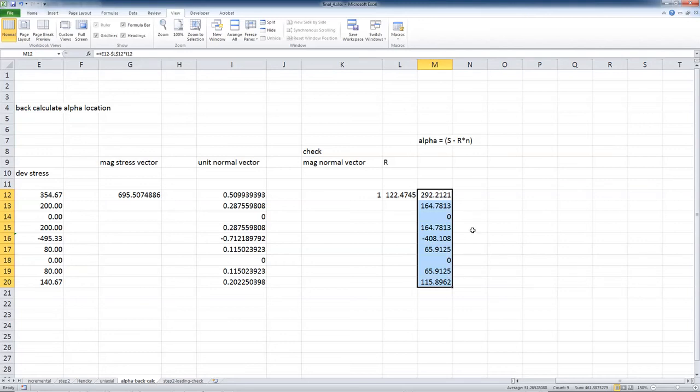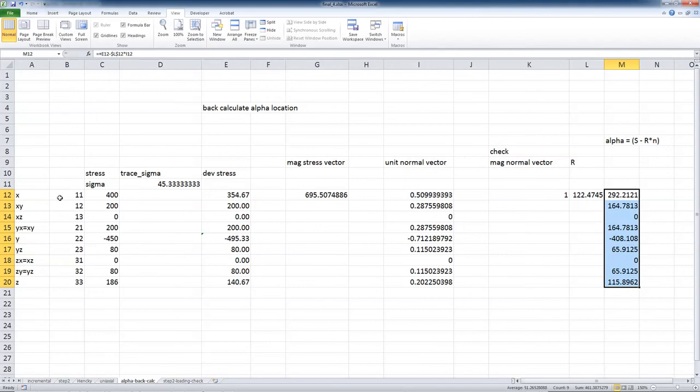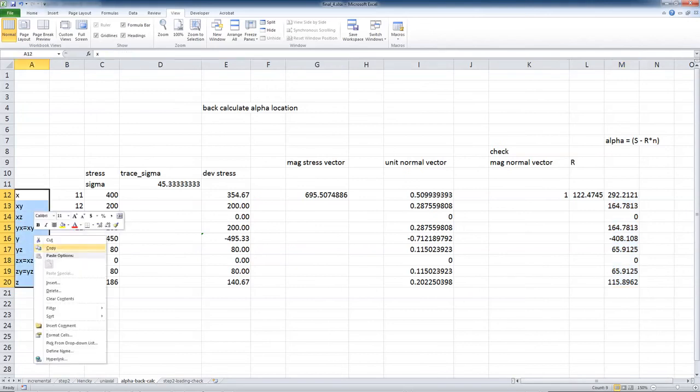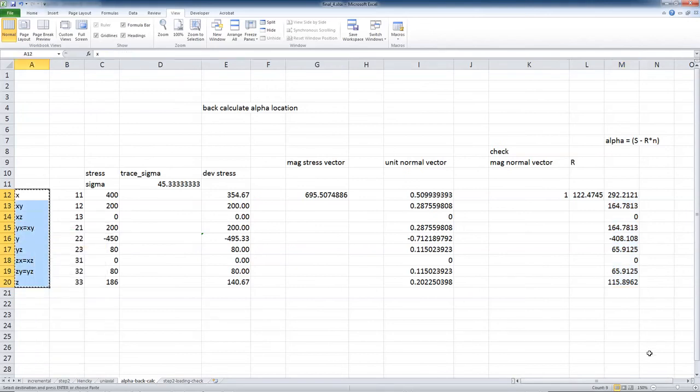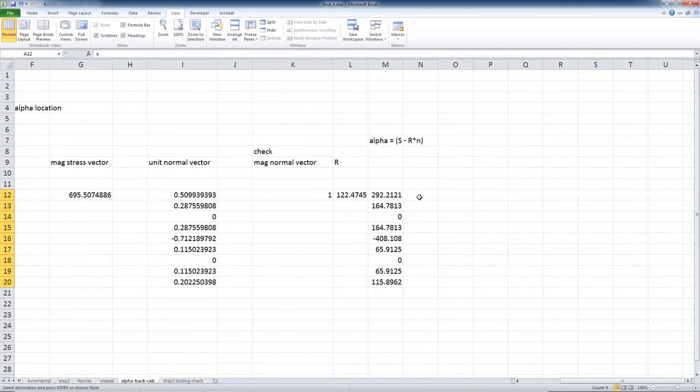So these are the locations. This is the location of the back stress with respect to the origin of deviatoric stress space. These components have the same X, Y, Z, whatever components that we had over here. Let me just copy this over here to make sure that this is clear. Okay, so those are those components.